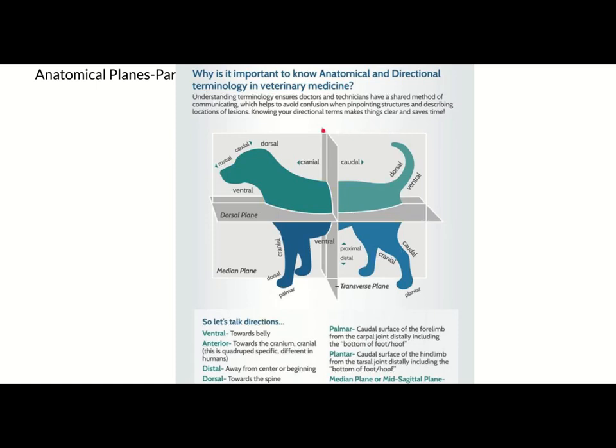Now the other plane that's shown here, that basically is parallel to the surface of the screen you're looking at, is called the median plane. We know it's also medial plane and mid-sagittal. This plane divides an animal into a perfect left half and a right half.